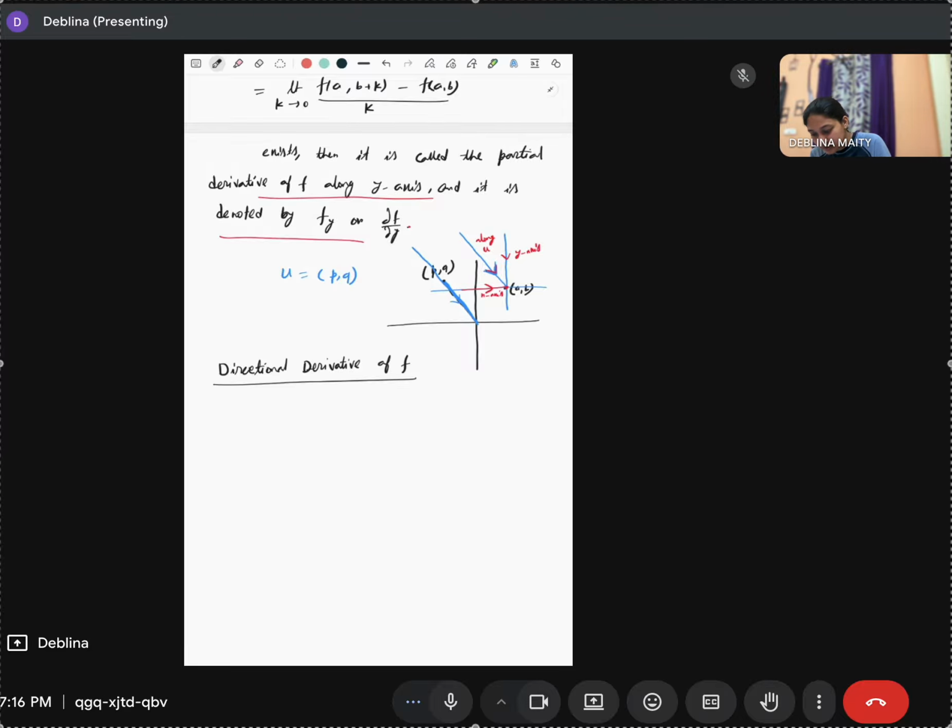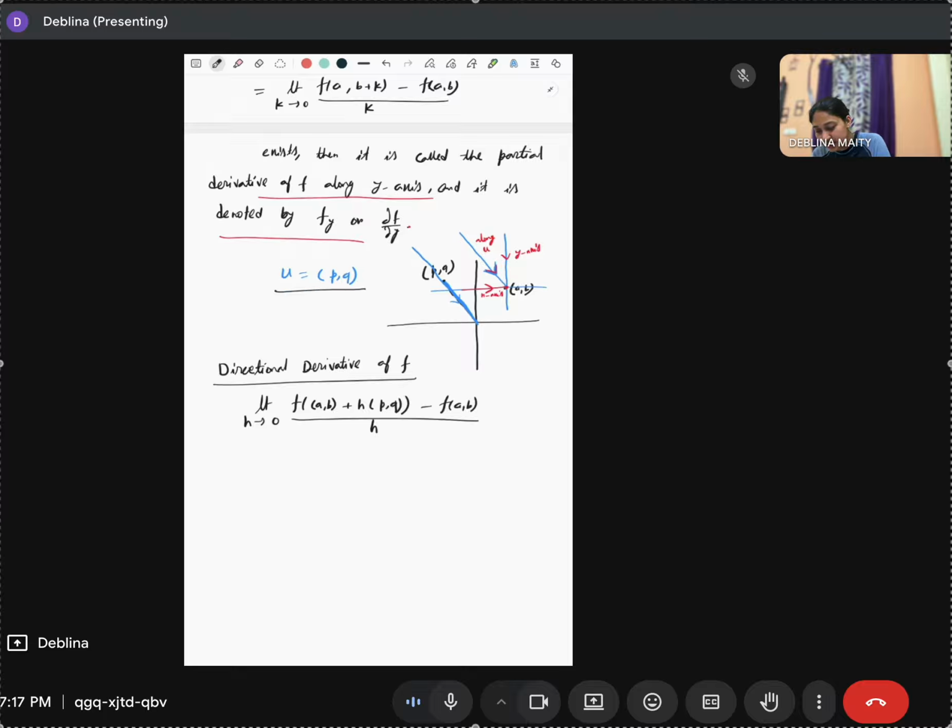So along u, limit h goes to 0, f of the point AB plus a small number times the vector in the direction, right? So direction here is u, so it is PQ, minus f of AB by h, right?